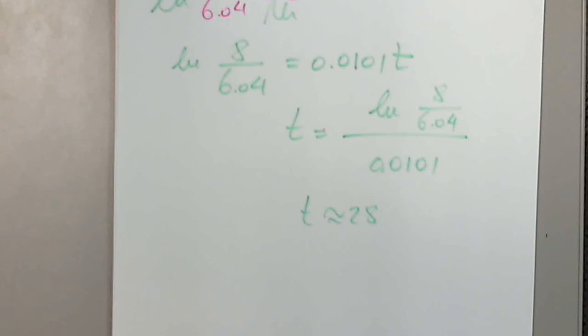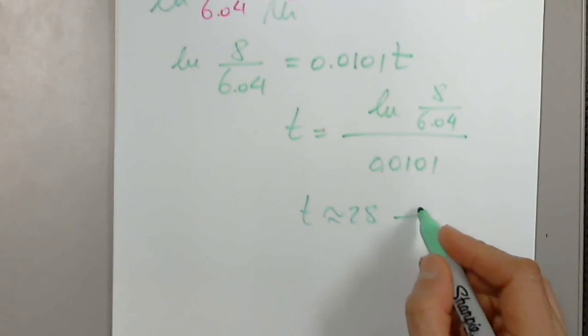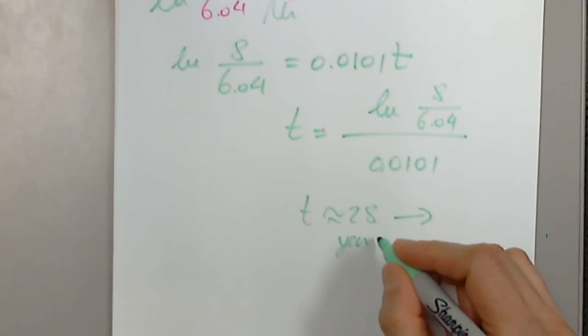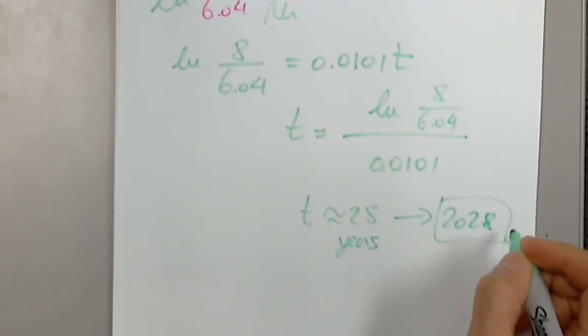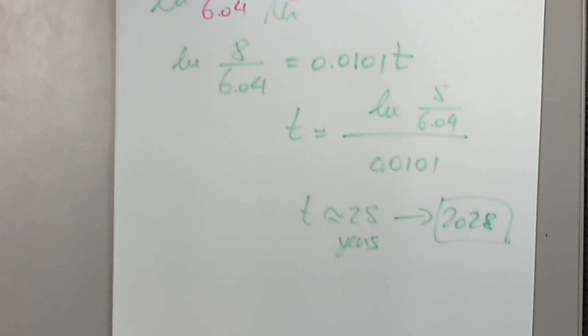Which year exactly? 2027. Good, 27, 28, something like this, assuming the model still holds. But we don't know that. Any questions? It's 27 point something, so it's roughly 28 years.